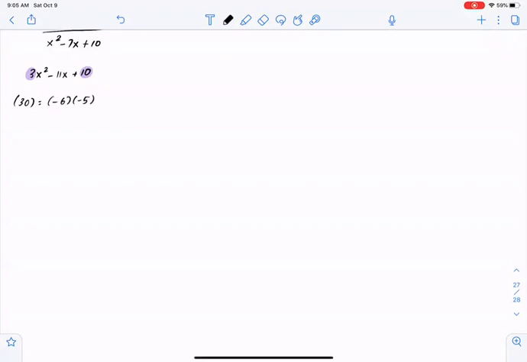Negative 6 times negative 5 is the best candidate, or the only candidate. So that is going to work. So I am going to split the negative 11x as negative 6x, negative 5x.